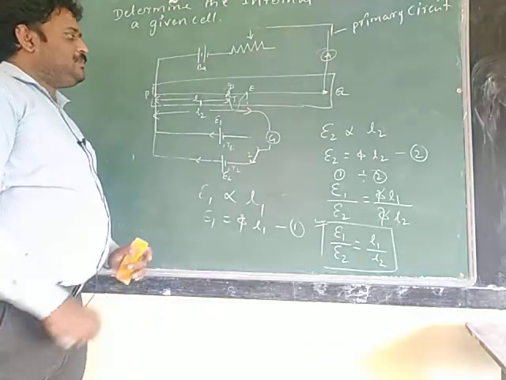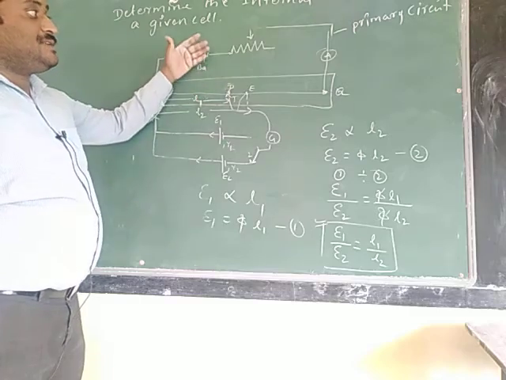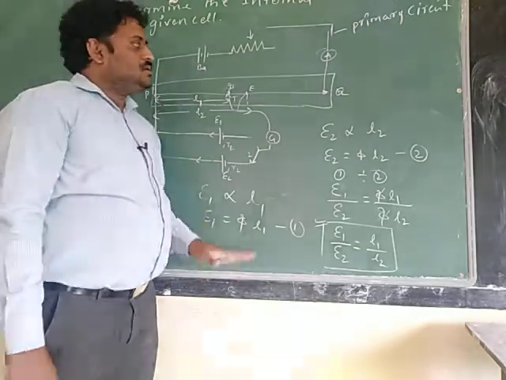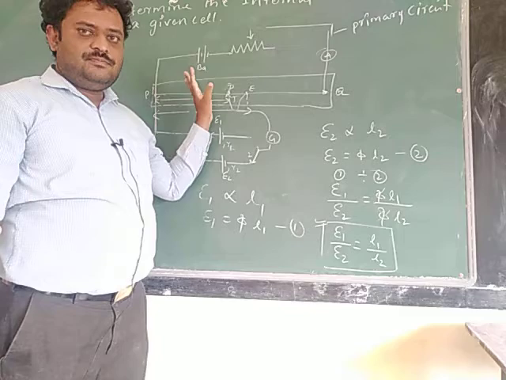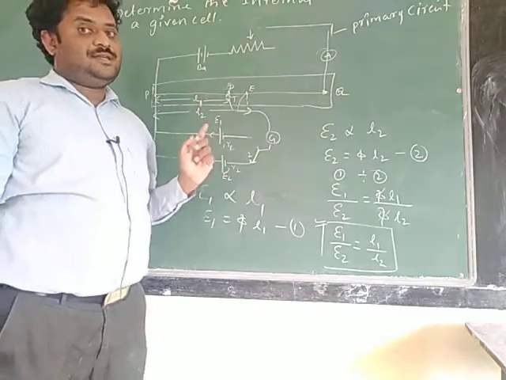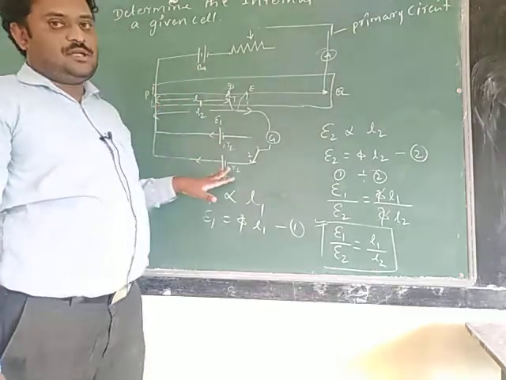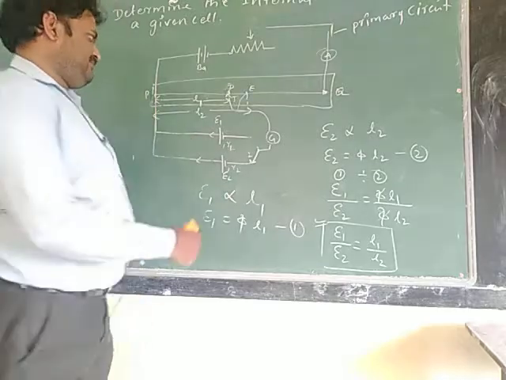Here, I will keep the primary circuit of the potentiometer as it is, with no change. When you look at the secondary circuit, there is a slight change.